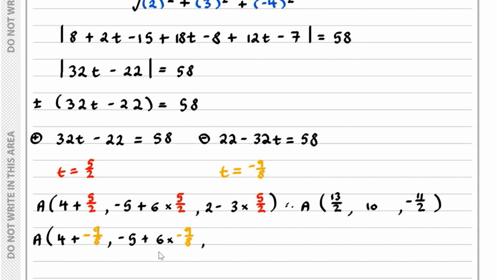And then here, if we continue on, we get 2 minus 3 times by minus 9/8.